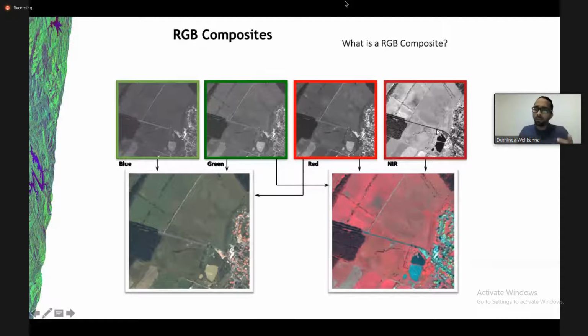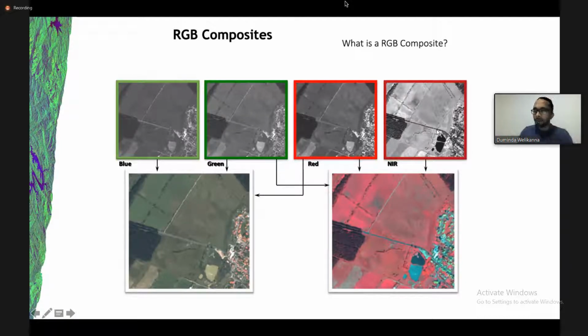This is one very important band manipulation technique that we use in satellite image processing to get information. For now, I'm just moving forward. You can always write to me if you have questions why we are doing this. In order to understand why we are doing this: if we want to show near-infrared reflectance in red color, we do this, right?